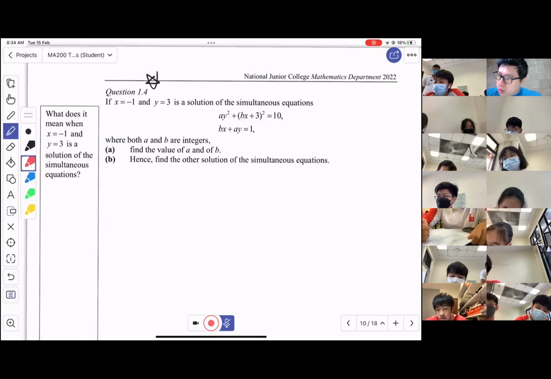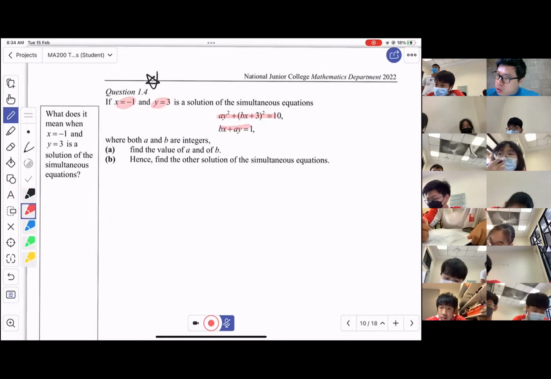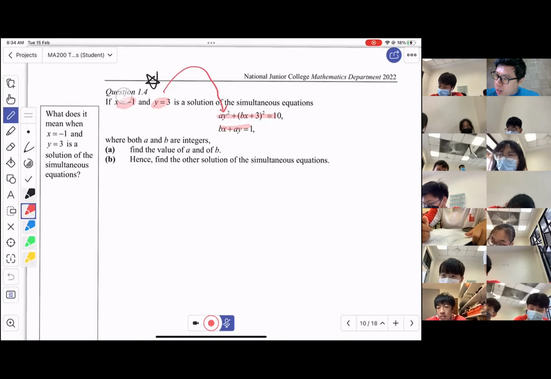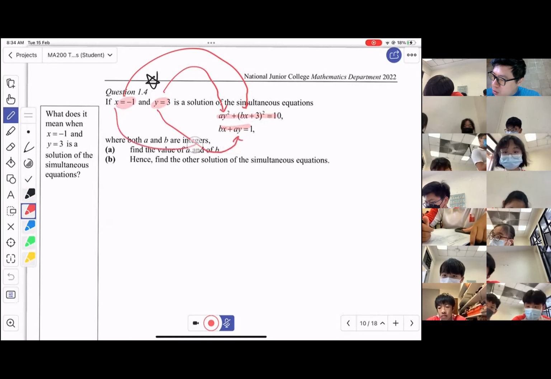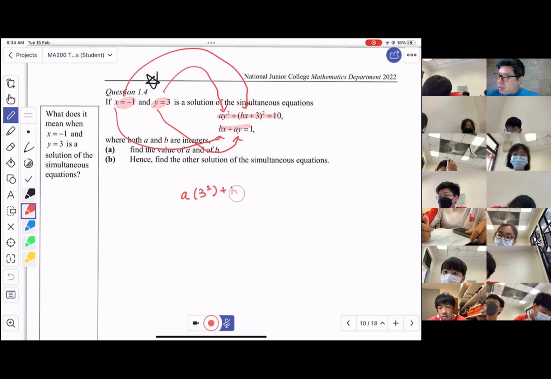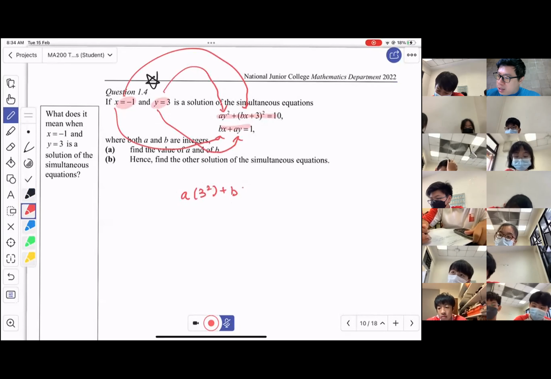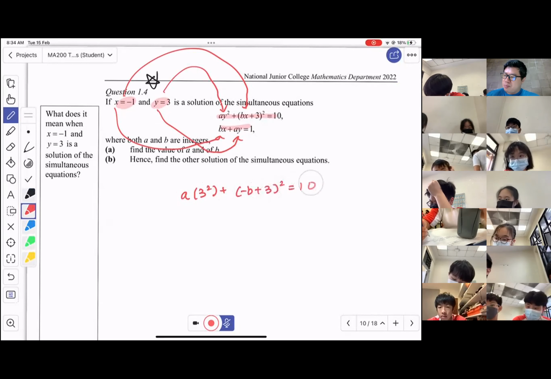If x equals -1 and y equals 3 is a solution of this, you can substitute x and y inside. So you have a times 3 squared plus b times -1, so it becomes negative b, negative b plus 3 squared a equals 10. That's equation 1.